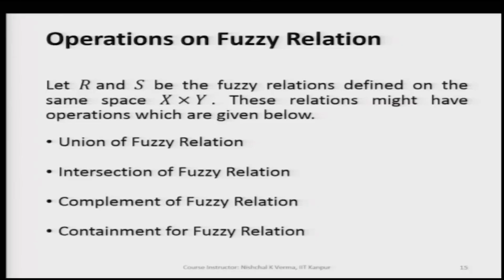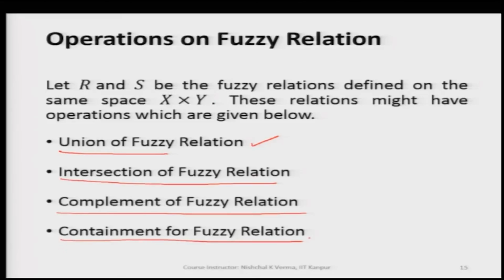If these are represented by capital R and capital S, and again we define the universe of discourse as capital X cross Y, then these relations will have the operations given below: the union of fuzzy relations, the intersection of the fuzzy relations, the complement of the fuzzy relations, and then the containment of the fuzzy relation.